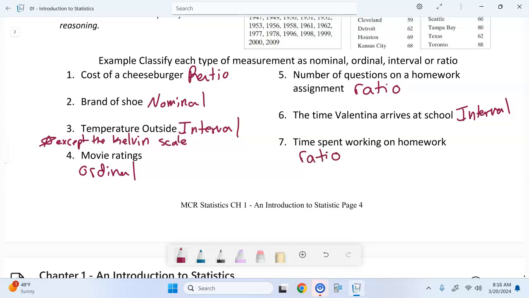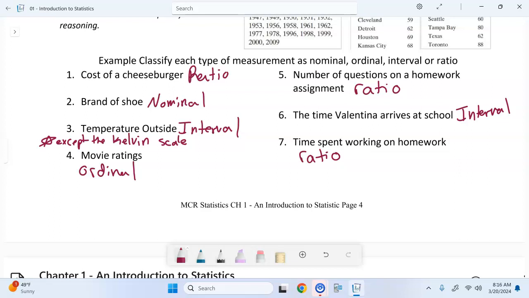So when you're deciding what level of measurement it is, you're kind of building on it. Can I order it? If not, you're right there at the top at nominal. There's no order to it, it's nominal. If you can, now you move down to ordinal. Then you ask yourself, okay, I can order the values.